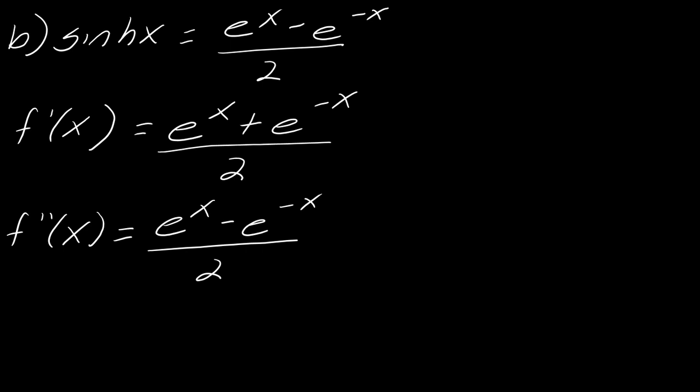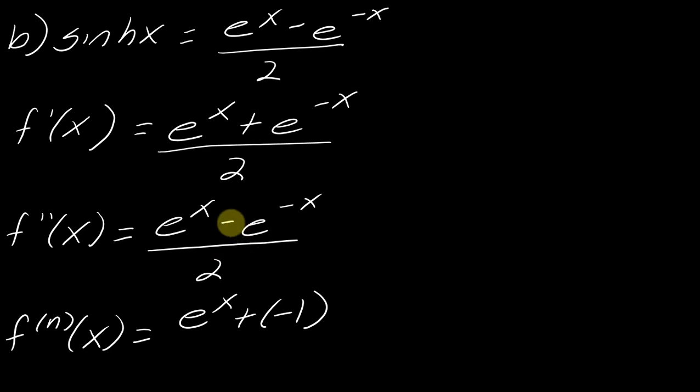So, okay. How could I categorize this then? This will be e to the x plus -1. So really this is the only thing that's changing. So this is negative, and then for the first derivative it's positive, and then for the next derivative it's negative.